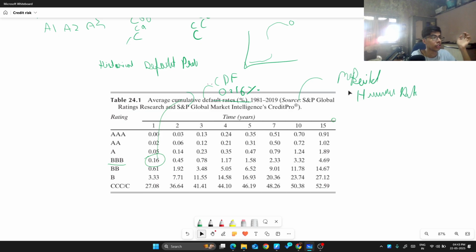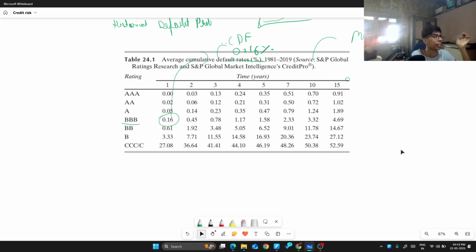Similar to that, there is the hazard rate.